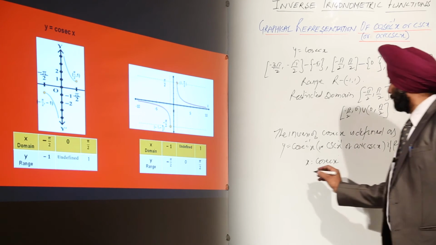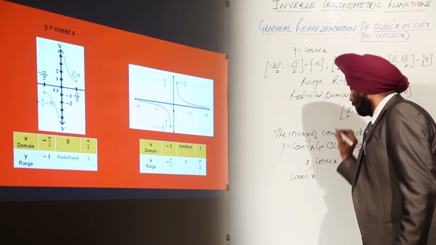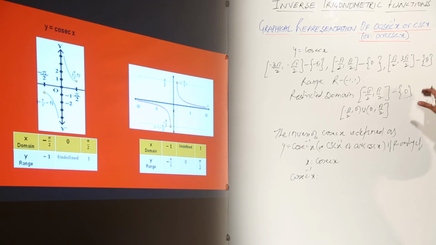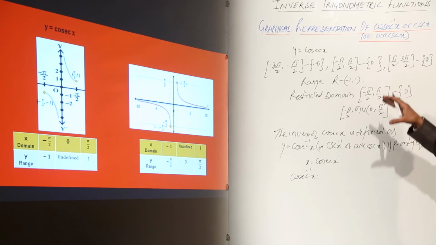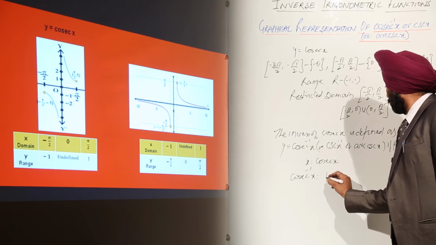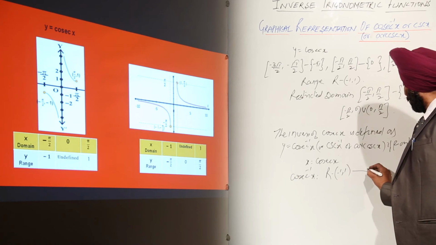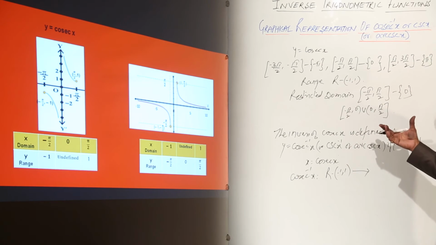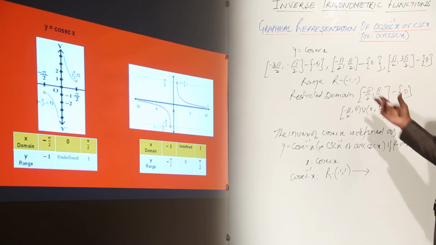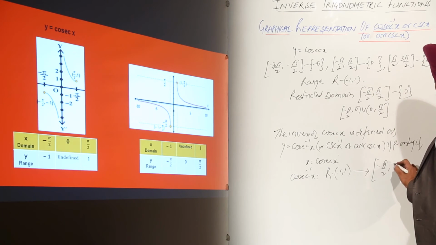Now what about domain and what about range? For cosecant inverse x, what is the domain? We have the domain as the range of cosecant x. So for the inverse part, we have the domain as minus 1 to 1 excluded, that is the set of all reals except the open interval. And what is the range? The range is the restricted domain, whatever we have written, it is minus pi by 2 to pi by 2, and 0 is not included.